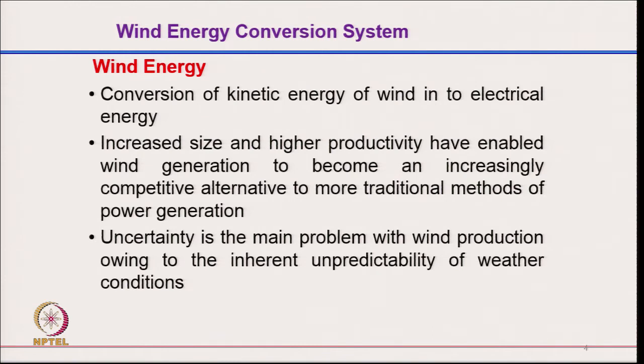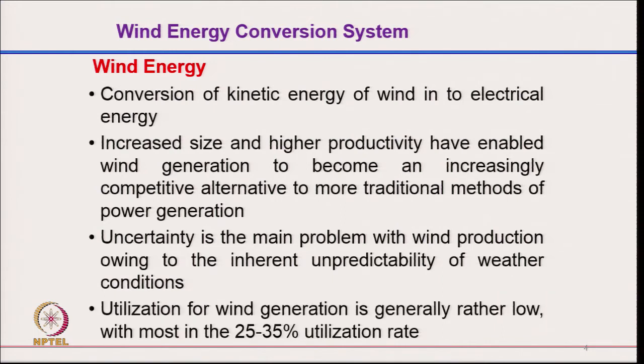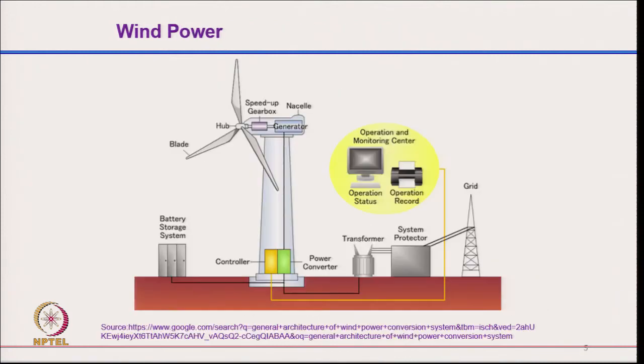Uncertainty is the main problem with wind production, owing to the inherent unpredictability of weather conditions, and utilization of wind generation is generally rather low, with most in the 25 to 35% utilization area.